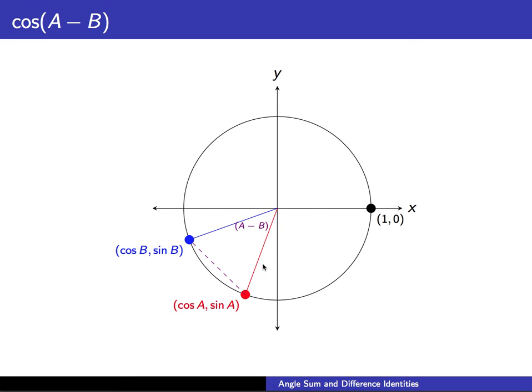So if we put the 2 points in the same plane, then for the angle that the 2 radii make, this is angle A, and then this is angle B, so the difference between A and B is the measure of the angle between these 2 radii.